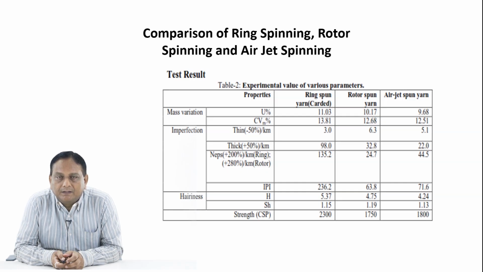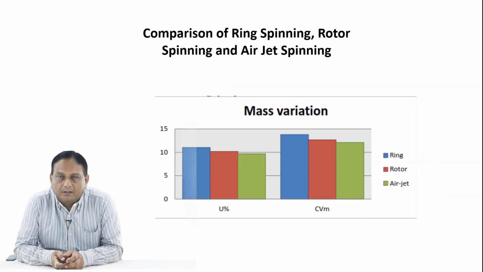So in that fashion, if you also see the count strength product, or the strength of the yarn, if you try to compare, you can see that the ring spun yarn has more strength compared to rotor spun or air jet spun yarn.